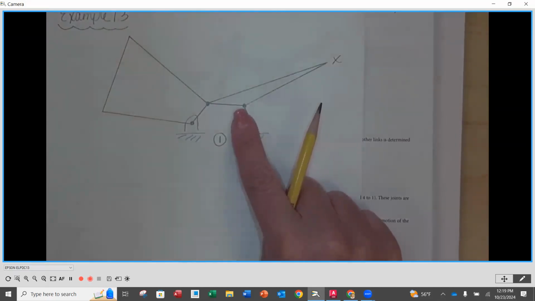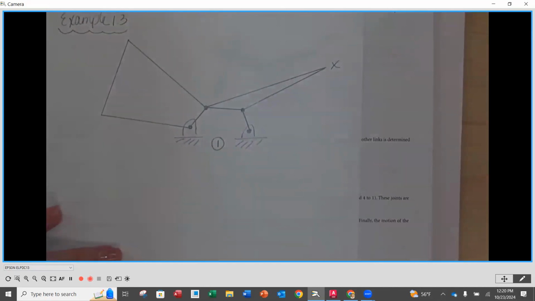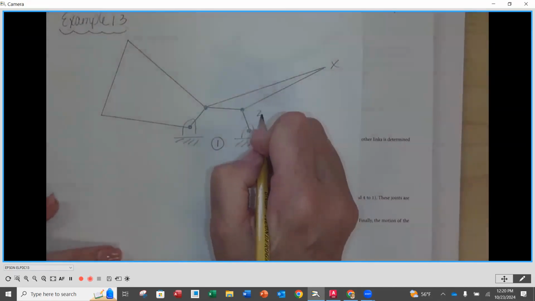And then I have that same filled in circle at the joint or the pin where it's connected to the handle. It's just a straight piece, a straight link. So it's just a straight line connecting those 2 points. Okay. This would be link number 2.